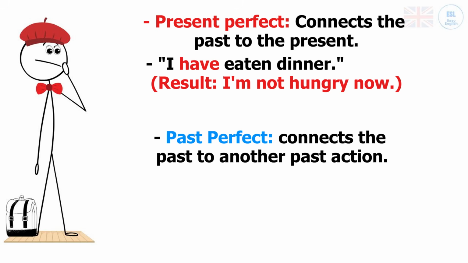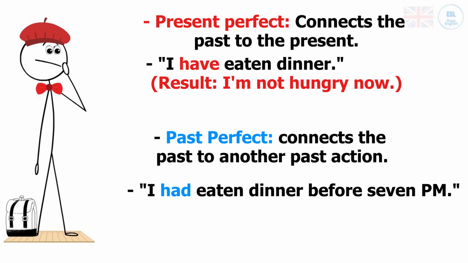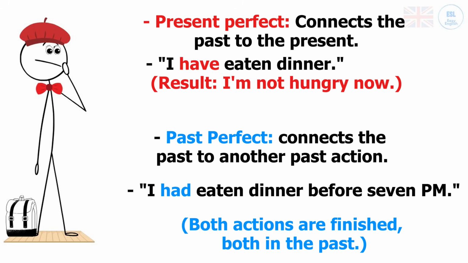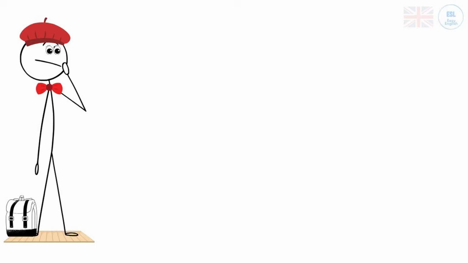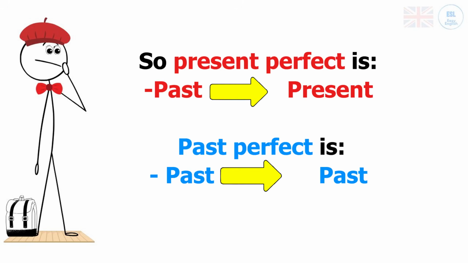Past perfect connects the past to another past action. I had eaten dinner before 7 p.m. Both actions are finished, both in the past. So present perfect is past, present. Past perfect is past, past.